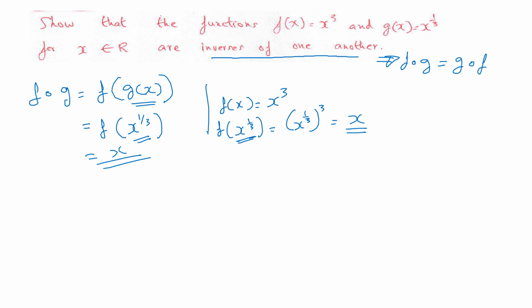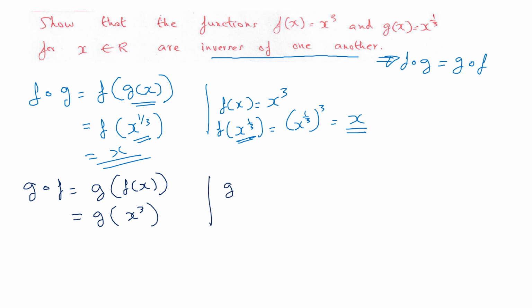Okay, in the same way, now you see, you have to calculate g composition f. So what is g composition f? g of f of x, right? So that is g of, what is f of x given in the problem? That is x cube. So now we know that it is in the question itself, g of x is equal to x to the power 1 by 3.